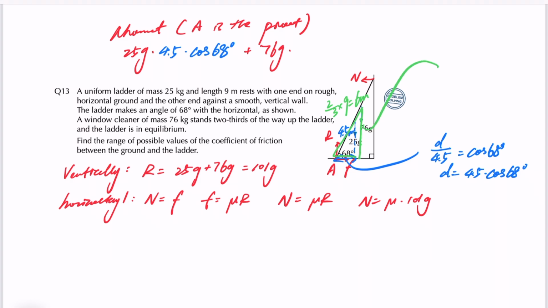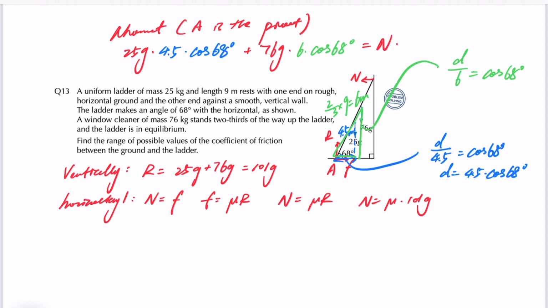So in this right angle triangle, the perpendicular distance divided by 6 would equal cosine 68 degree. So in this case it's 6 times cosine 68 degree. And this would equal the moment of the anti-clockwise force, which is labeled out as N.